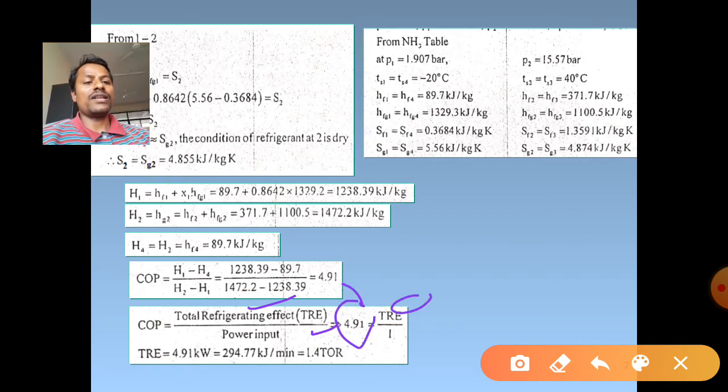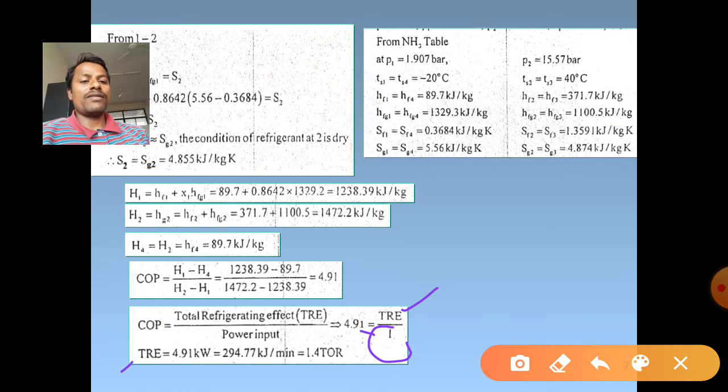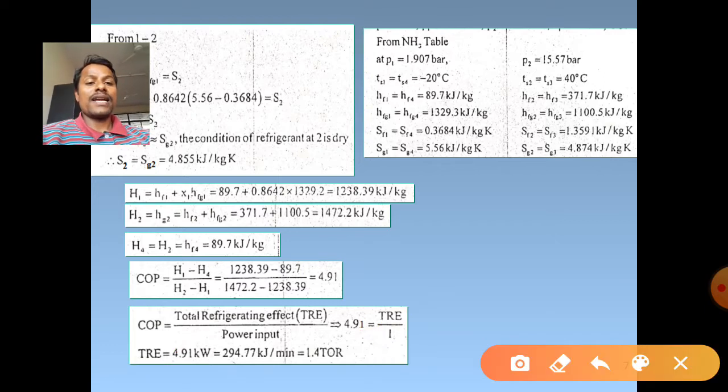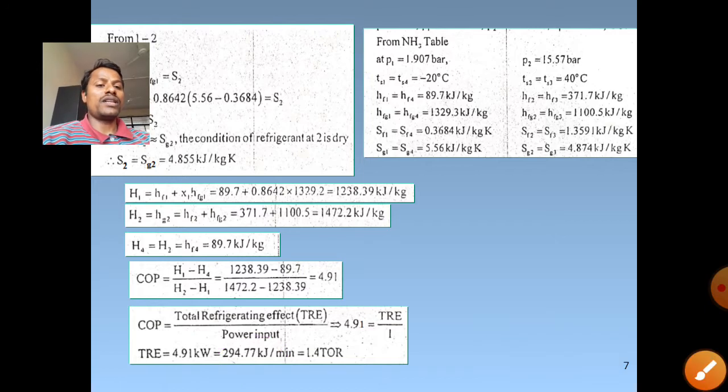Total refrigeration effect divided by input power, where input power is 1 kilowatt here. So, hence total refrigeration effect is 1 into 4.91 kilowatt. This is kilojoule per second, 4.91 kilojoule per second. If I multiply it by 60, it will be kilojoule per minute, 294.7 kilojoule per minute.